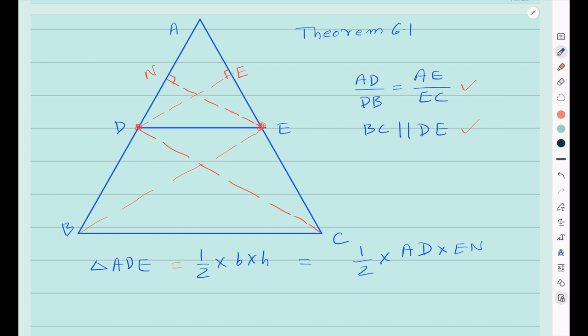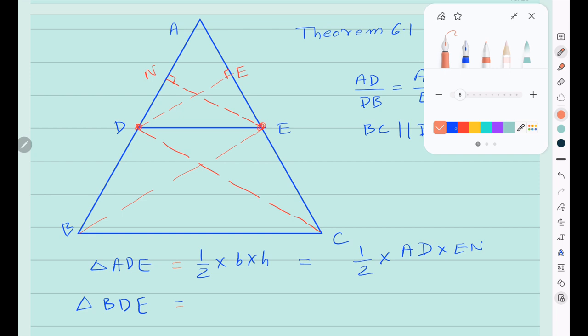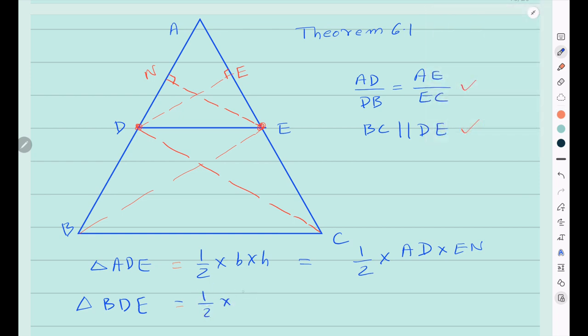And then let us also consider triangle BDE. Which is triangle BDE? Triangle BDE is this one. So here also, in this triangle, the base is BD, isn't it?